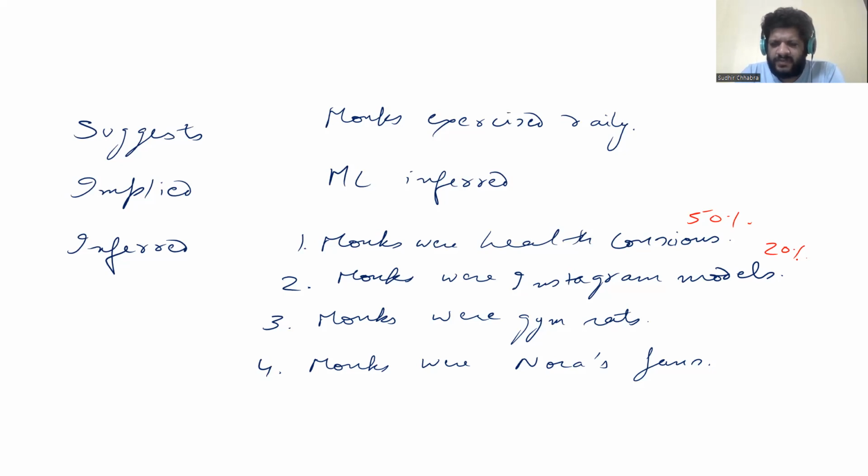It seems to be more probable than the second one, but again, it's not as probable as the first one, because gym rats do not just go to the gym, they are crazy about the gym. So you'll have to have that element of craziness also, which is not really depicted by the given statement. So perhaps 30%, perhaps.